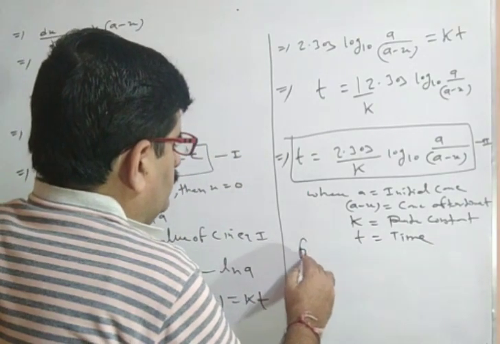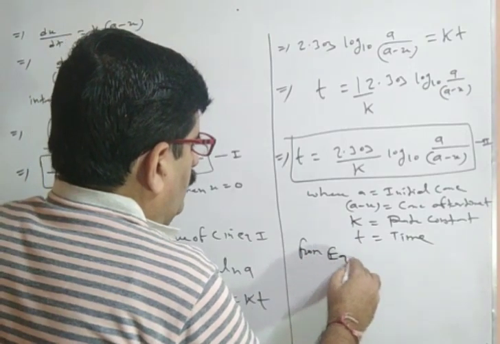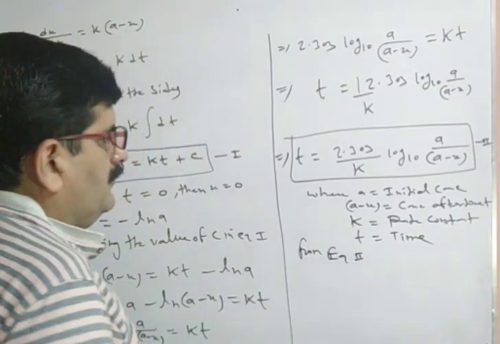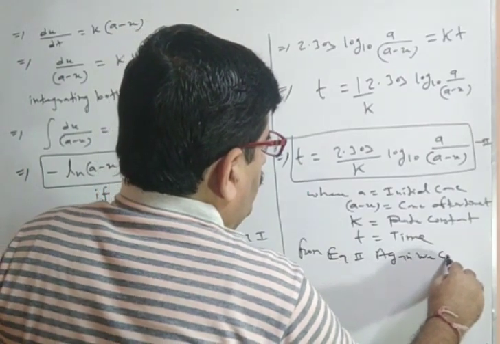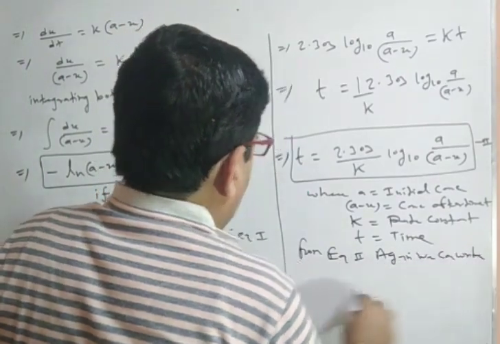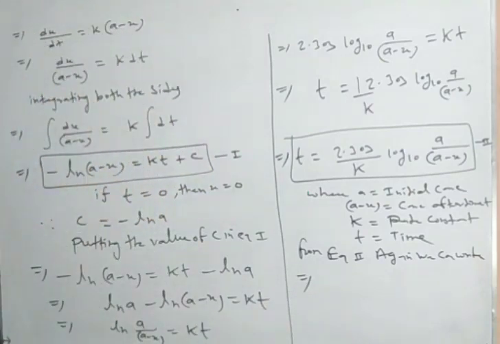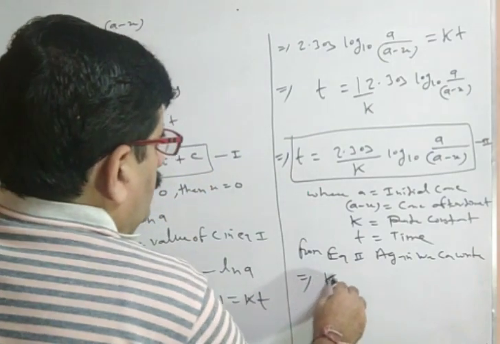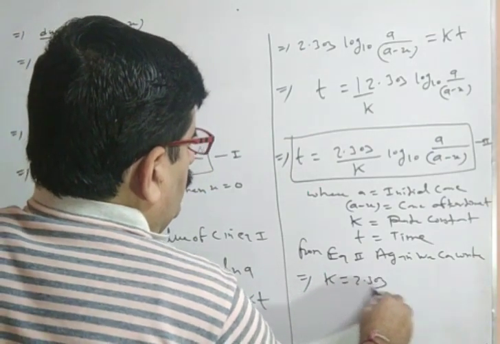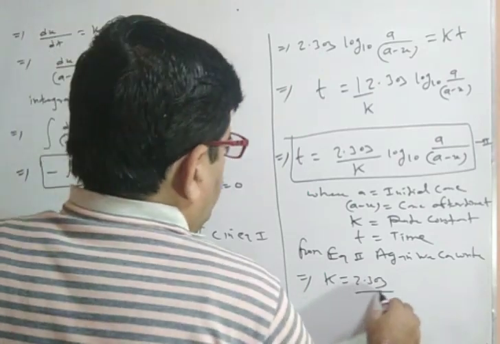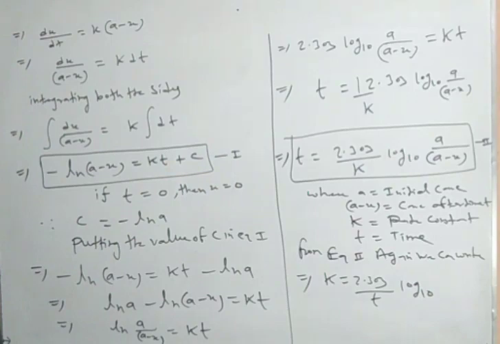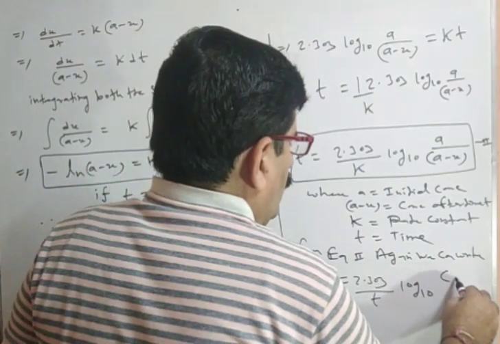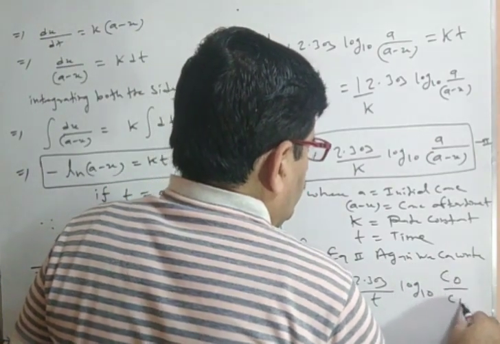From equation second, again we can write what? In short form, k is equal to 2.303 by t log base 10 C naught by Ct.